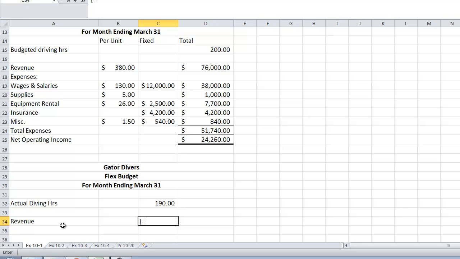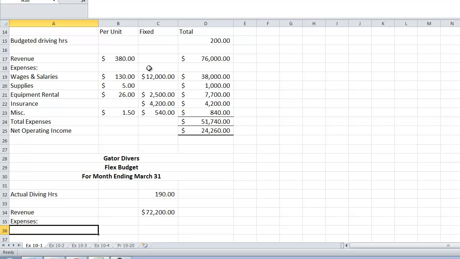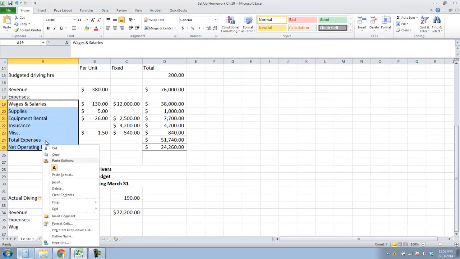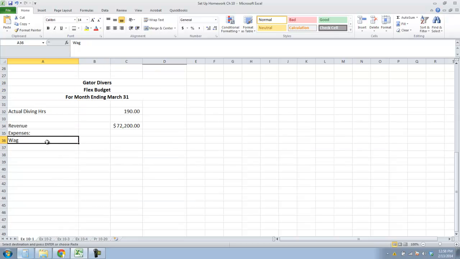Revenue. We're going to take the actual hours, 190, times the variable revenue. And then we would add fixed if there was fixed. Expenses. They had wages and salaries. Actually, I'm going to save myself typing and just copy this because it's going to be exactly the same.